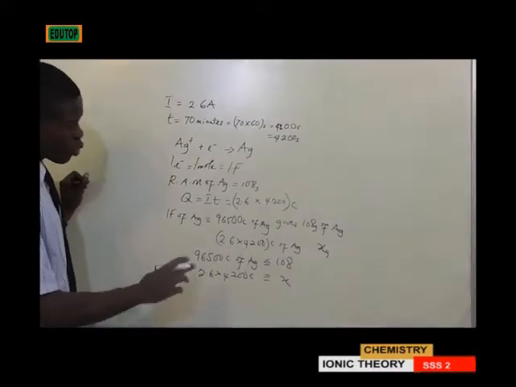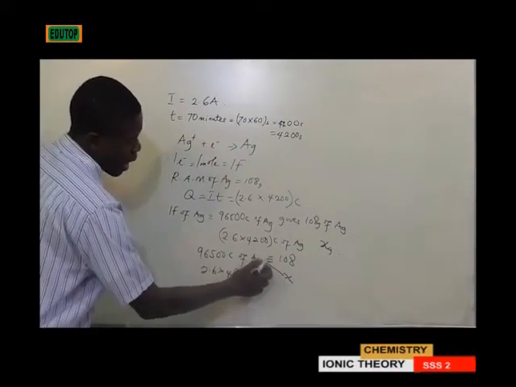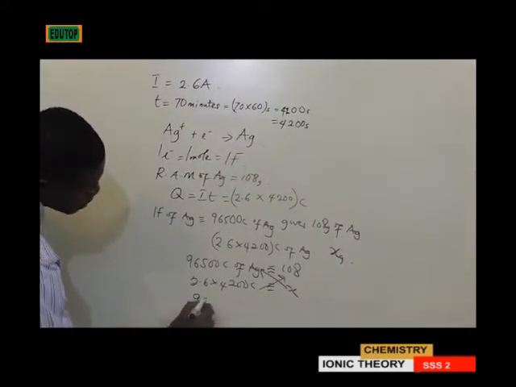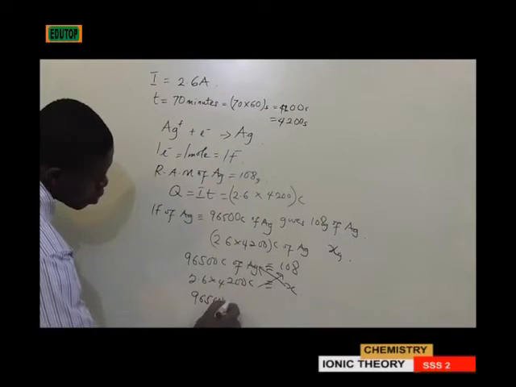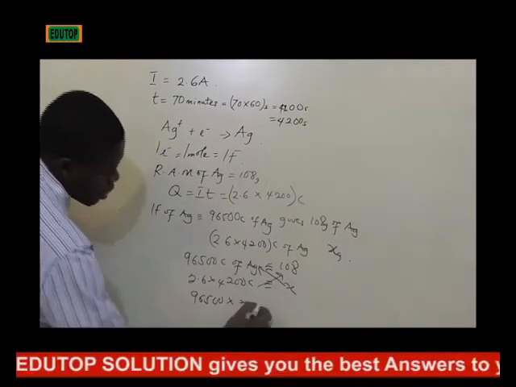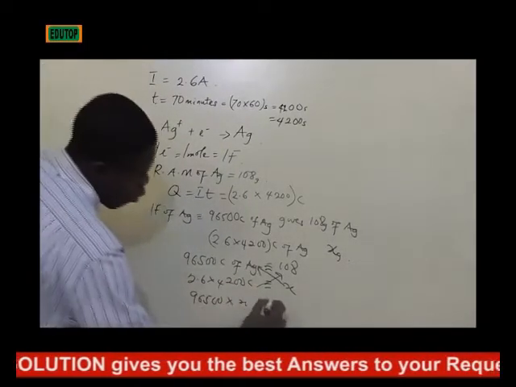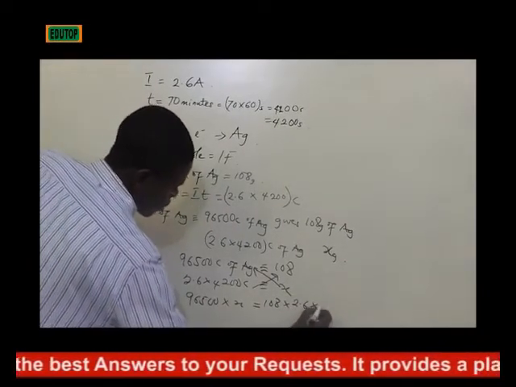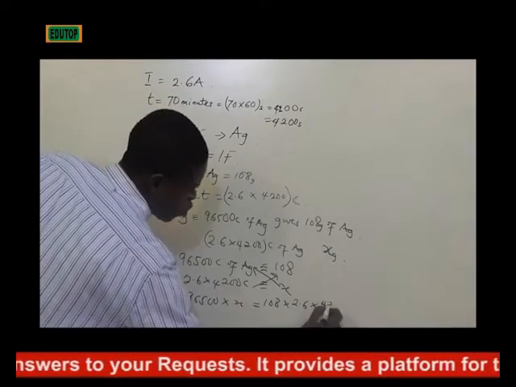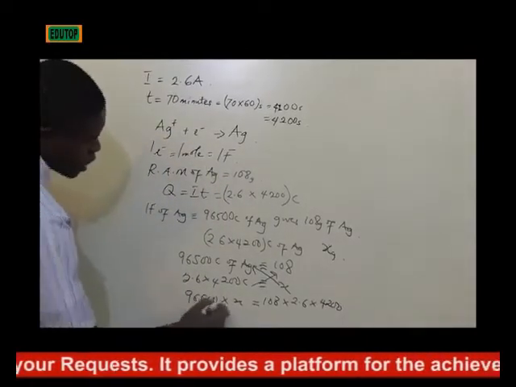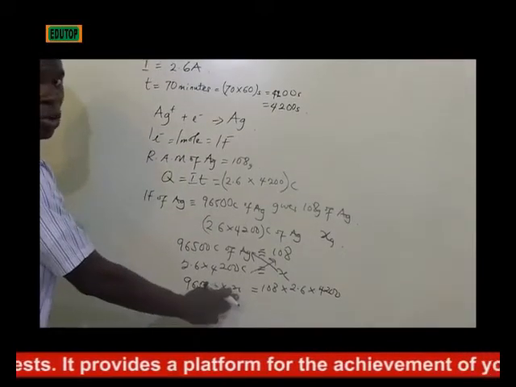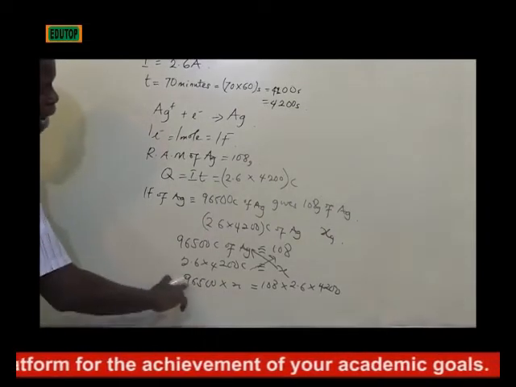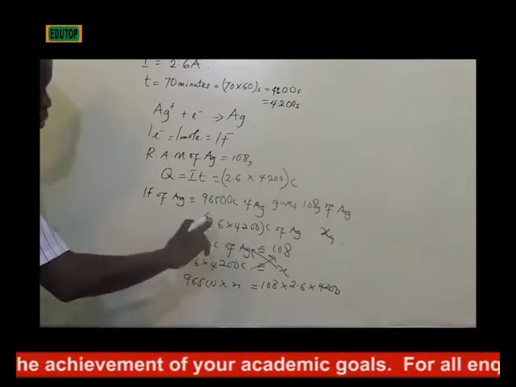So what we have to do is to cross multiply. When we cross multiply, we have 96500 times x is equal to 108 times 2.6 times 4,200. Since our interest is to look for the value of x, we divide both sides by 96500 coulombs.